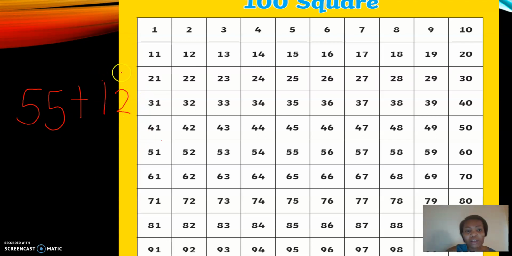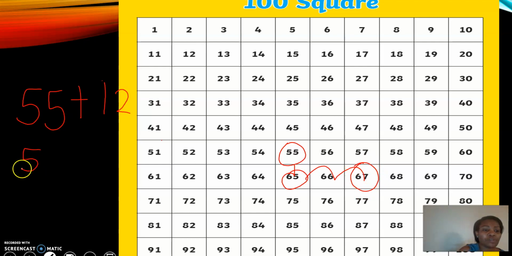So our smaller number, which is 12, has one group of 10 and two ones. So we can go stand on 55. So here's my 55. I have one 10 from the 12, so I can move down in the tens. I get 65. How many ones? I have two ones, so I move two from my row, 1 and 2. So I get 67.